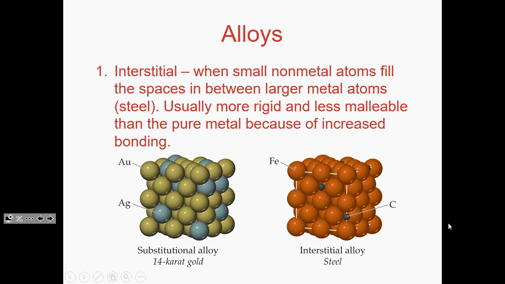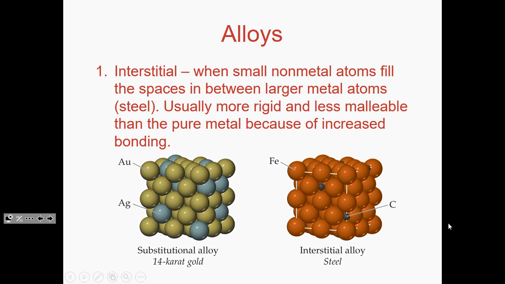And interstitial means between spaces. So when you put small non-metal atoms or potentially metal atoms in between the larger metal atoms, like in the case with steel, they're putting small amounts of carbon in between the iron. And what this does, because of the increased bonding that now exists because of those carbon atoms sticking to the bonding, it makes it more rigid and less malleable, which makes the steel stronger, so to speak, than pure iron is.